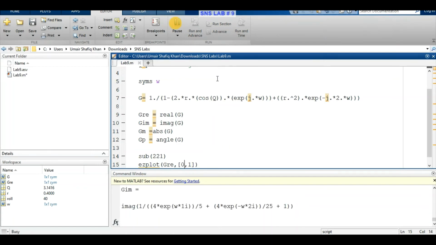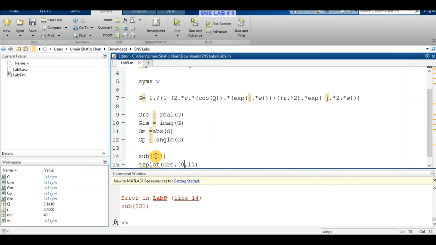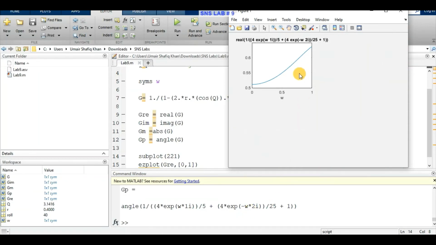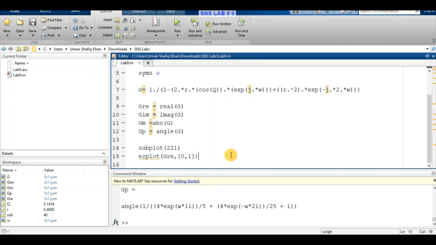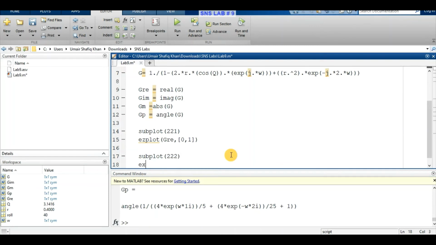You can see the output in the first box of this, and I will write the same code for the second box, but in this case I will plot the imaginary part.